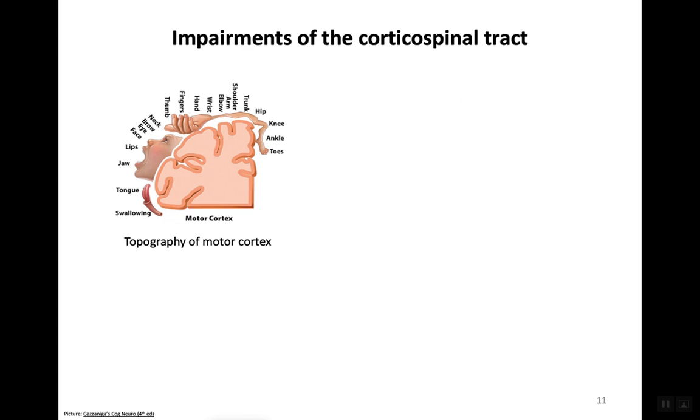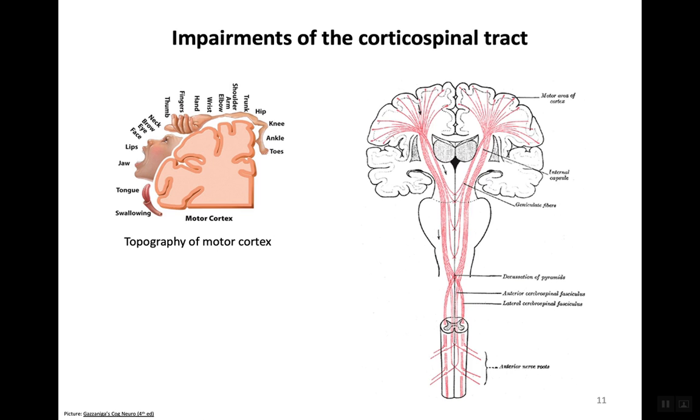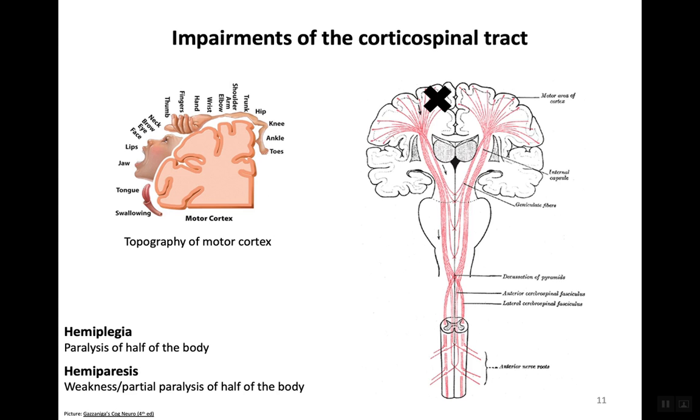So now let's see what happens if the impairment occurs not at the level of the spine, but that of the brain. And there are different possibilities for this impairment to occur. So a common occurrence is due to stroke. So let's say a stroke impacts this particular area of motor cortex.